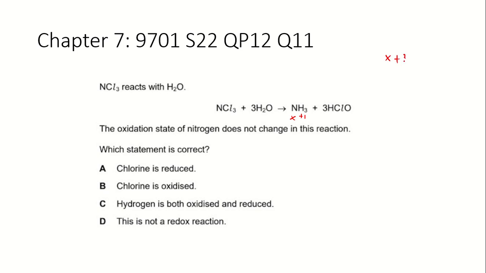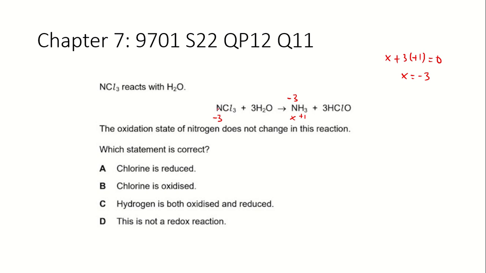So x plus 3 times positive 1 equals 0. x is negative 3. So nitrogen here is negative 3. Since the oxidation state of nitrogen does not change in this reaction, in NCl3, nitrogen is also negative 3.